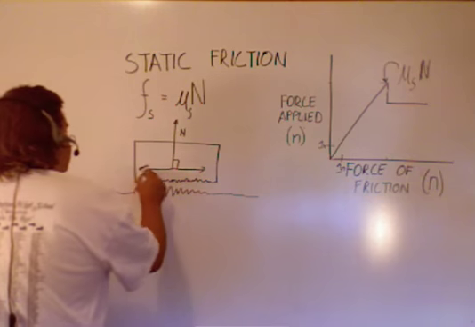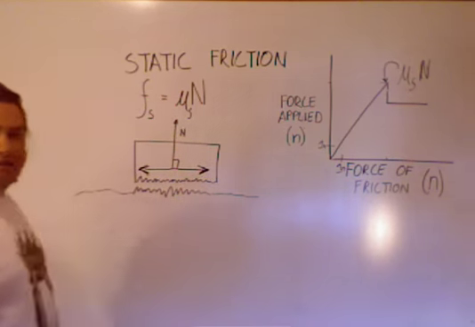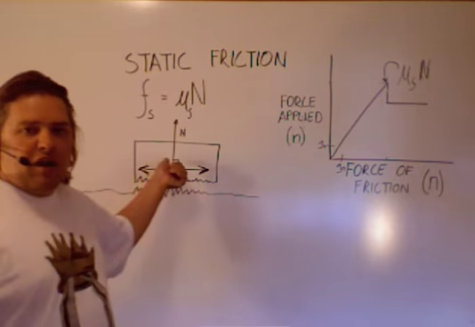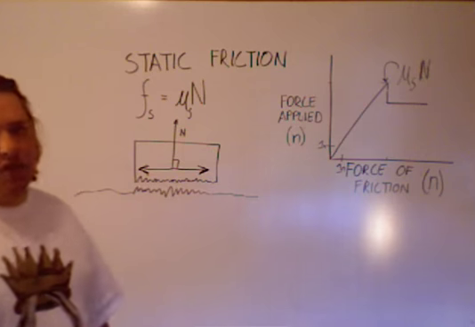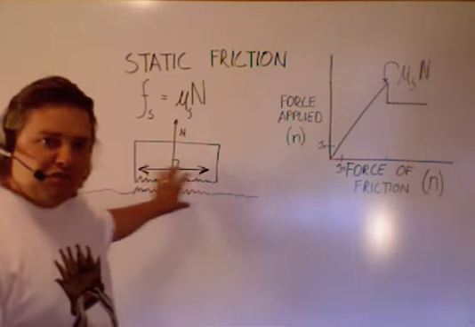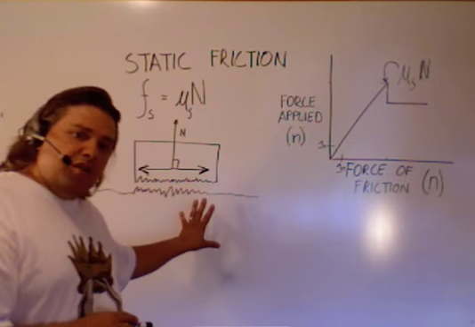So here's the direction. It may be in either one of these directions. It actually may be out here or out here, but it's perpendicular to that normal force. Okay? Or you can say it's parallel to the two surfaces that are in contact. Okay? That's one thing you have to know.